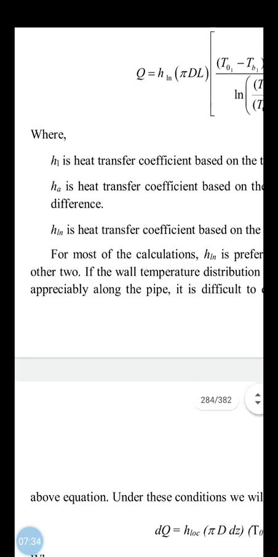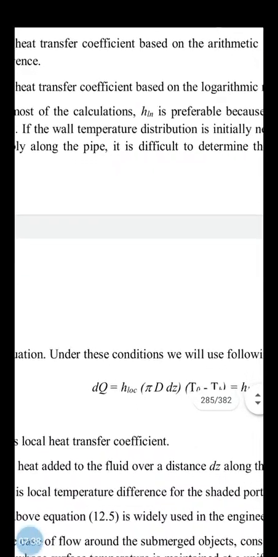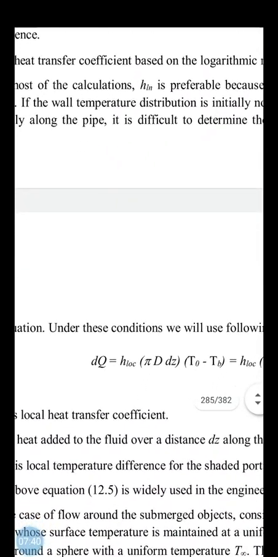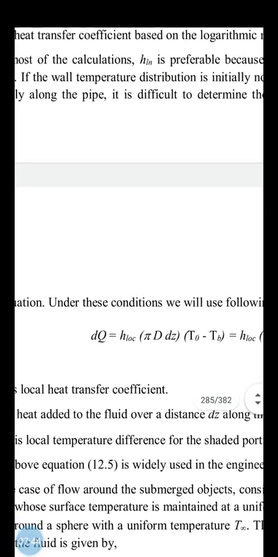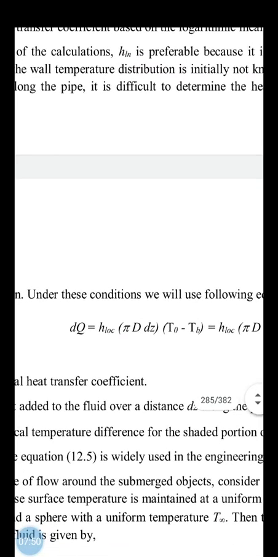Now if the wall temperature distribution is initially not known and the fluid properties change appreciably along the pipe, it is difficult to determine the heat transfer coefficient.